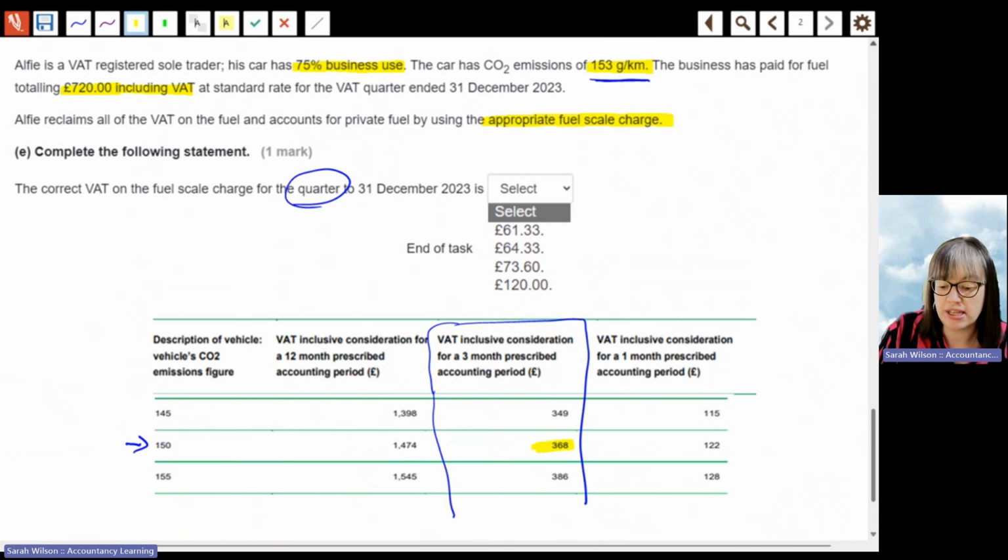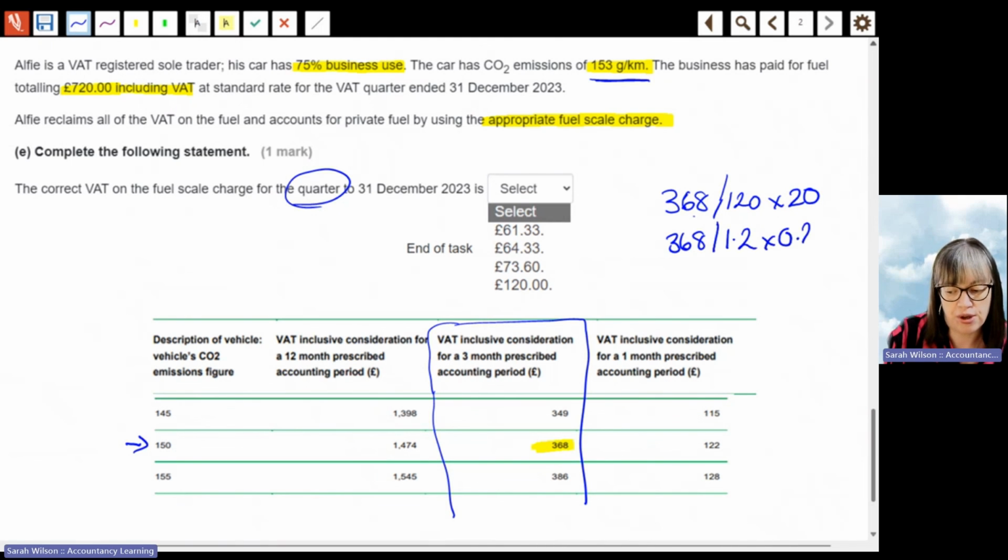So be careful when you're doing these questions. Remember, the figure that you're given as the fuel scale charge is VAT inclusive. So we then have to work out the VAT. So 368 is your gross amount. And again, you can divide by 120 times by 20, or you can do it the decimal way.